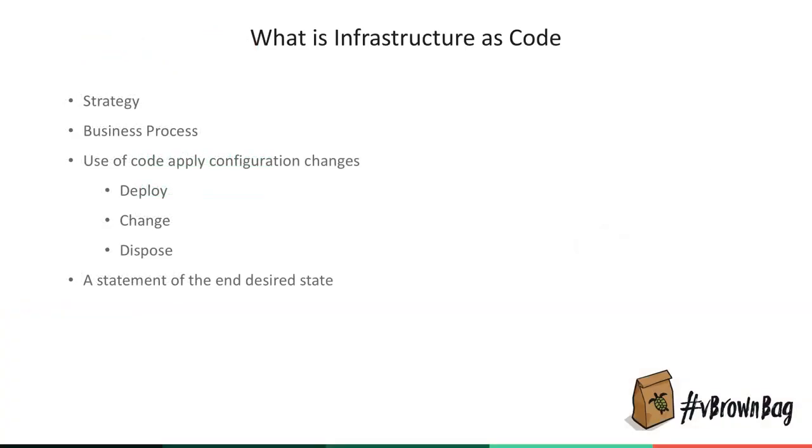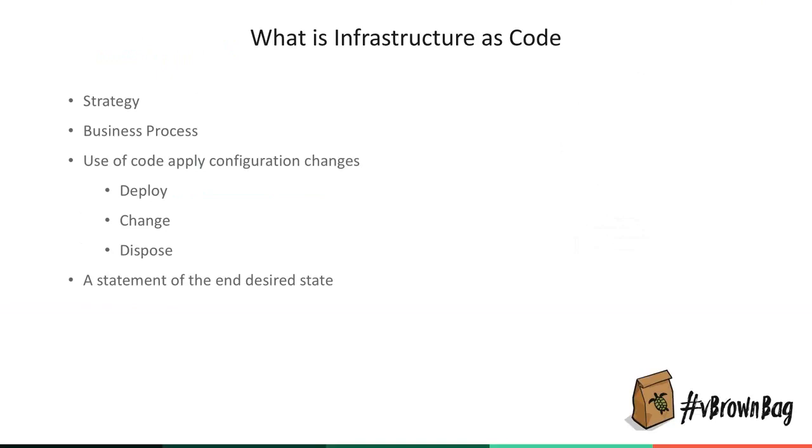So, infrastructure as code, we'll just quickly define it. More than anything else, it's a strategy on how you're going to implement and manage the life cycle of applications. So it can sit above the actual infrastructure itself, despite being infrastructure as code.